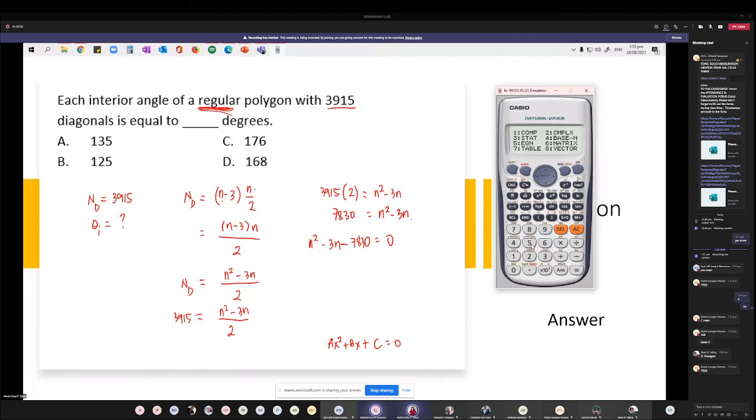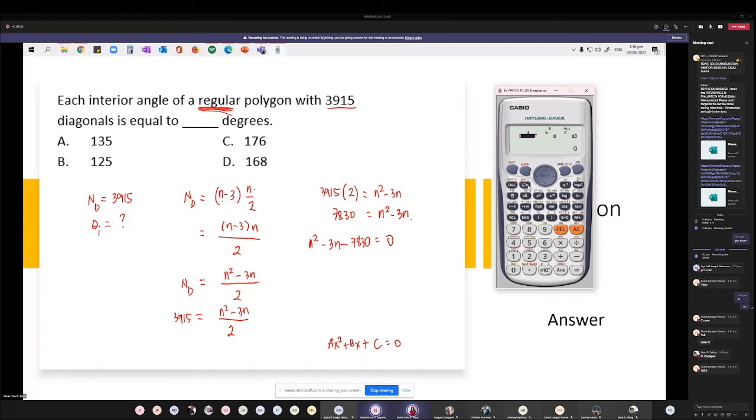So you press 5. And then it's a quadratic equation, so we have option 3 for the quadratic equation. Take note, it's arranged according to the sequence. It should start with x squared, then x, and then the constant term. So we need to follow that.